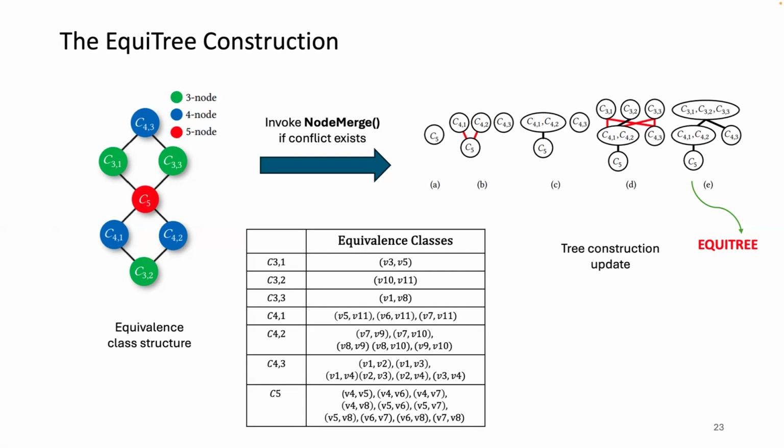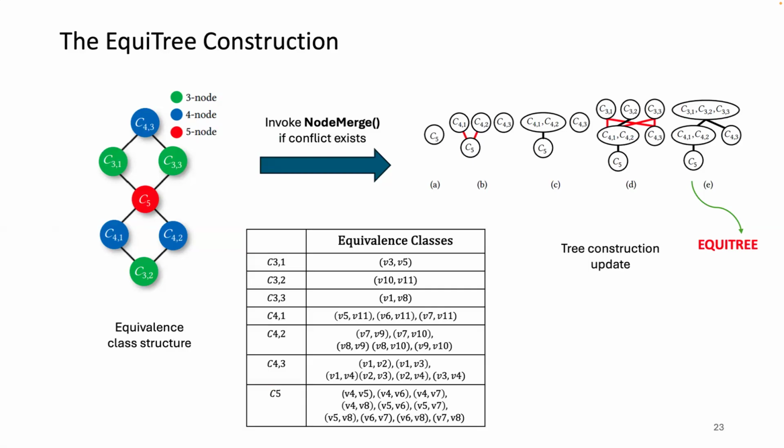Then we move to the next level, that's C3, right? So we have C3, C31, C32, C33, right? Then those are also triangle connected with this. We can see from this diagram that it is triangle connected with this, right?